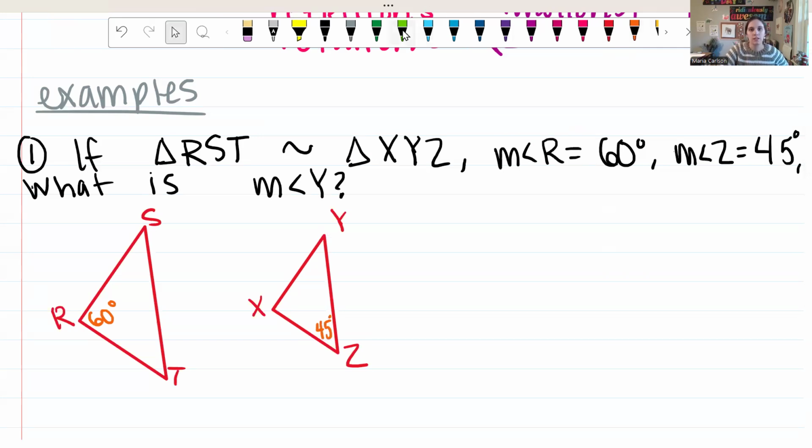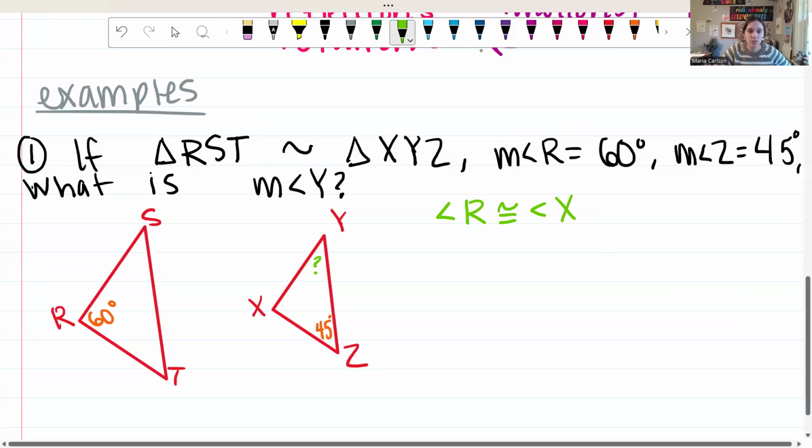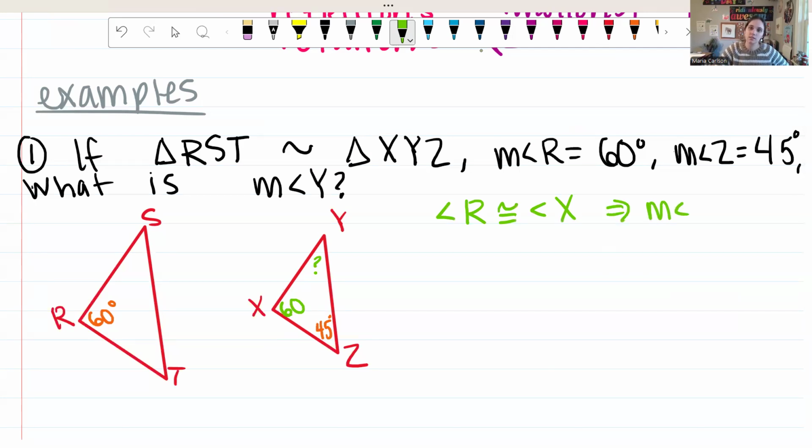Our goal is to find the measure of angle Y. Since these two triangles are similar, their angles are all congruent. So I know that angle R is congruent to angle X, since those two are corresponding, which means angle X is also 60 degrees. Now I have the two other angles besides angle Y in this triangle.